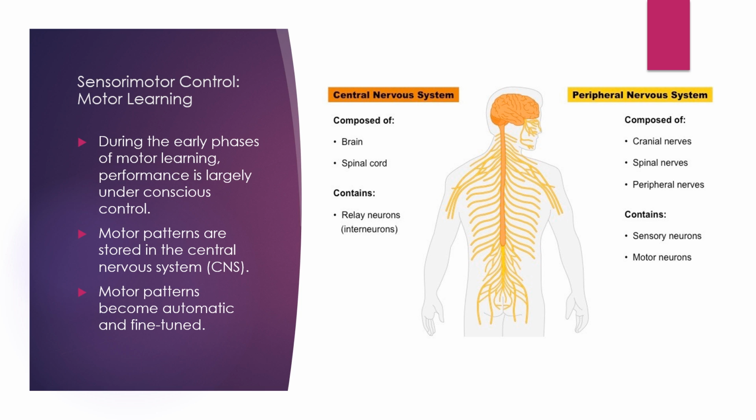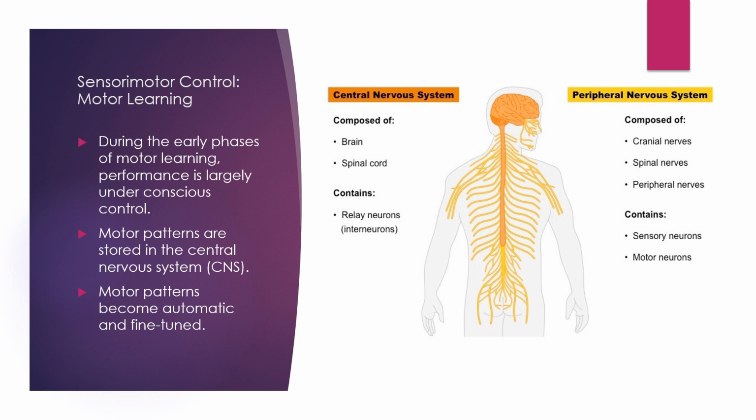In figure 17.2, it describes the afferent and efferent pathways involved in the sensorimotor system. Here you can see the central nervous system is composed of the brain and spinal cord, and it contains relay neurons that of course are gathering information and sending information.